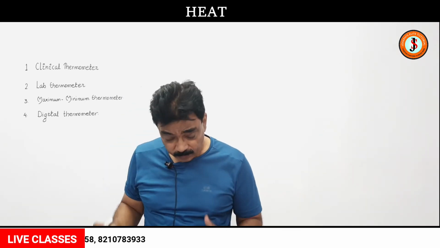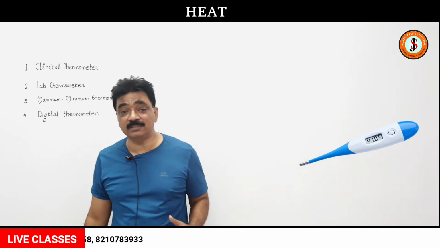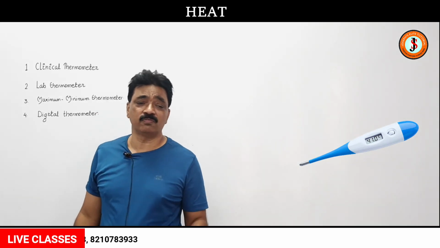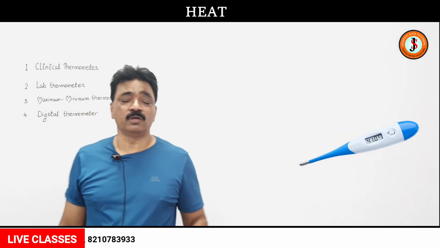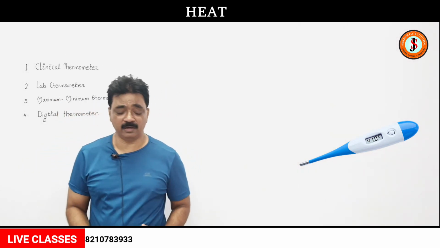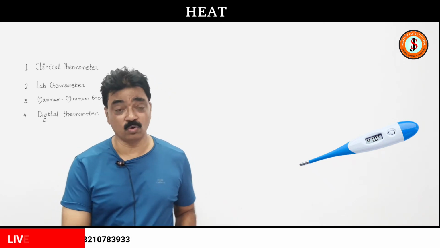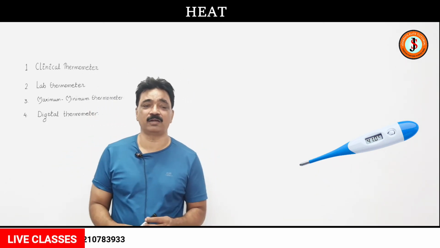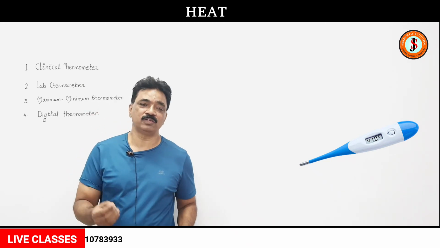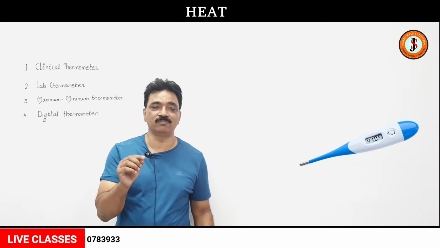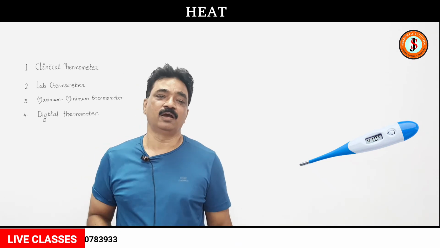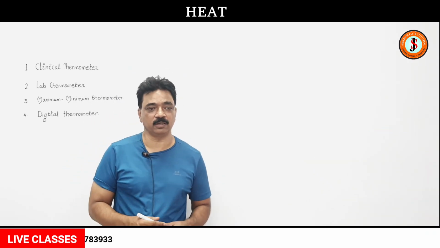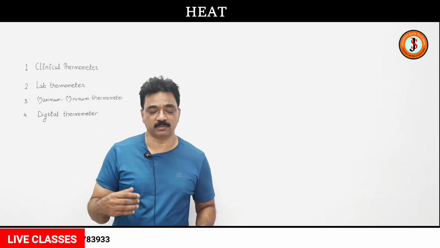Then finally, because of advancement of science, nowadays we have digital thermometers. The technique of it is not within the scope of your understanding, but you should know about it. The digital thermometers are also sensitive, and with a very small rise of temperature they can give the digits, so you can easily read the digit. So that is all about the thermometers.